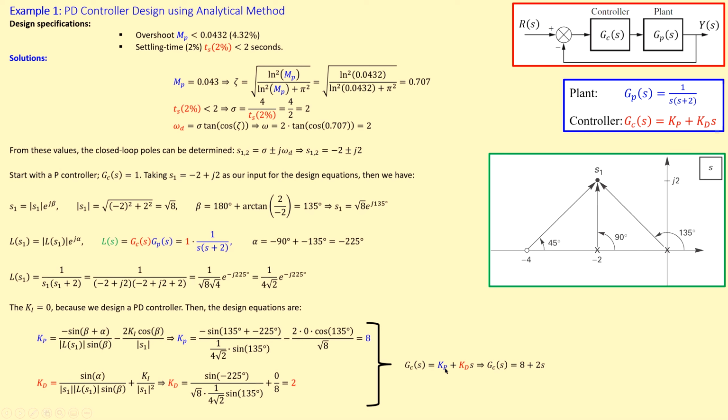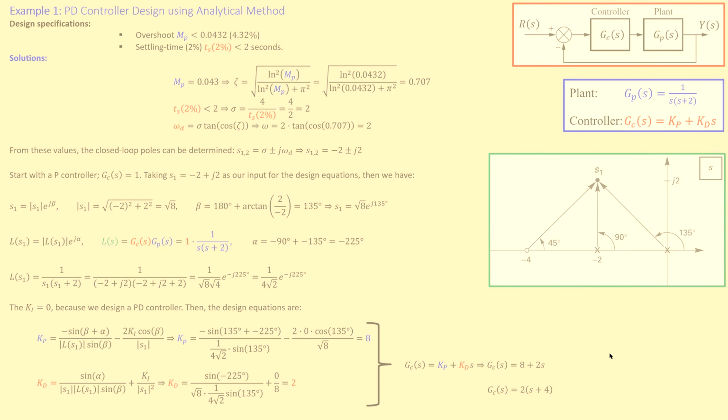So we have the 8 for the Kp, we have the 2 for the Kd. If you write this down in a little bit different form, you will see directly there is 2 times S plus 4. And in this case, you will see that there is a 0 at minus 4, and that will contribute actually 45 degrees.